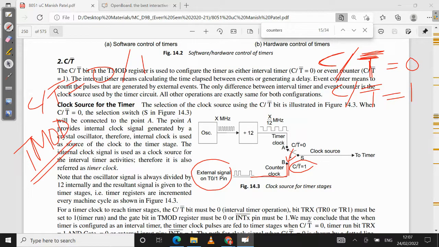अभी आपका एक्सटर्नल सिग्नल आप कहाँ पे कर रहे हो, that external signal is available at T0 or T1. Can any one of you, those who have pin diagram with them, can any one of you tell me T0 or T1 इनका पिन बताओ.